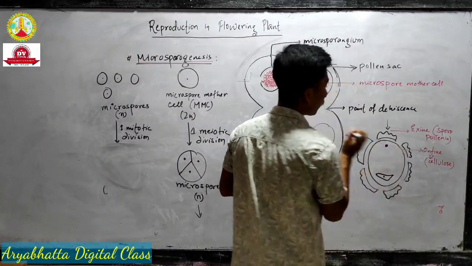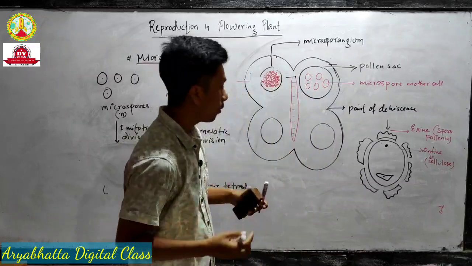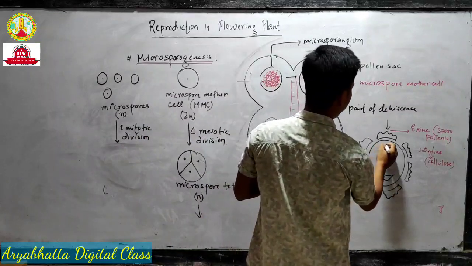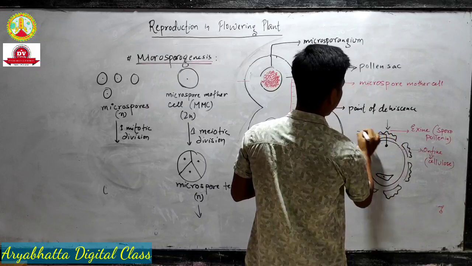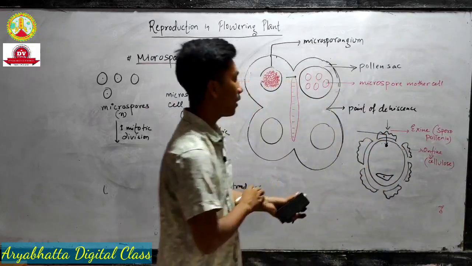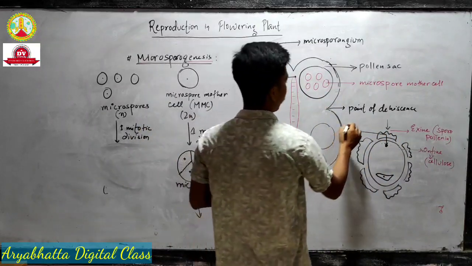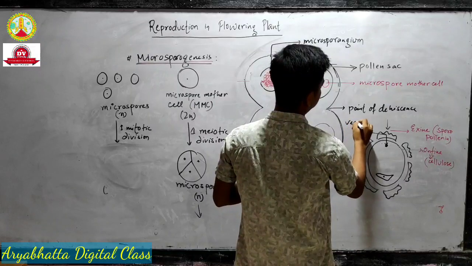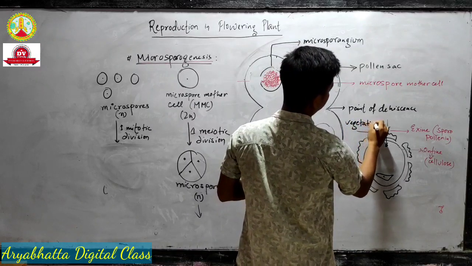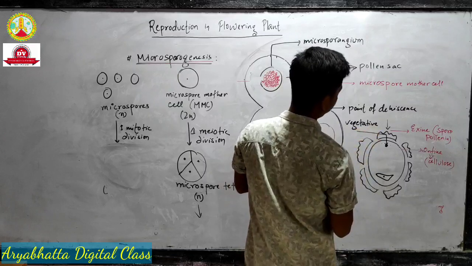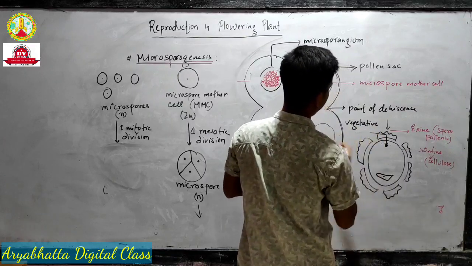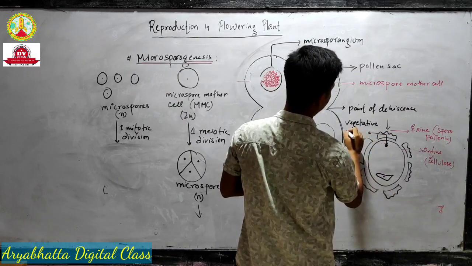So the nucleus divides into two. One small nucleus is known as the vegetative nucleus.